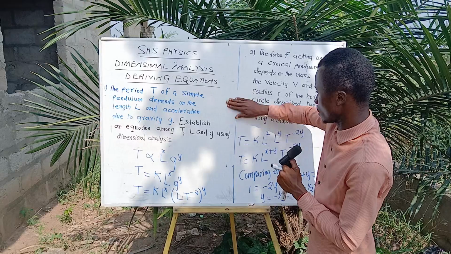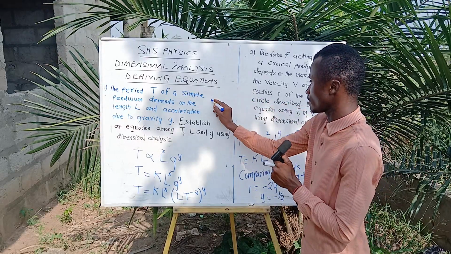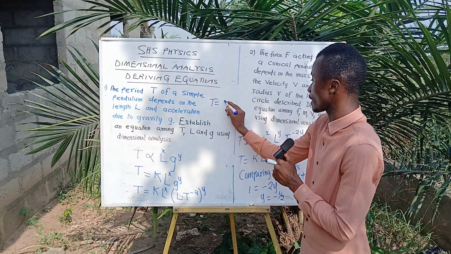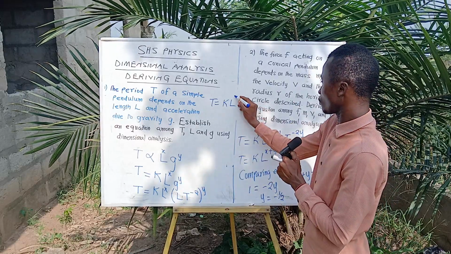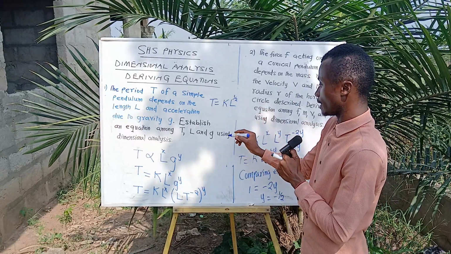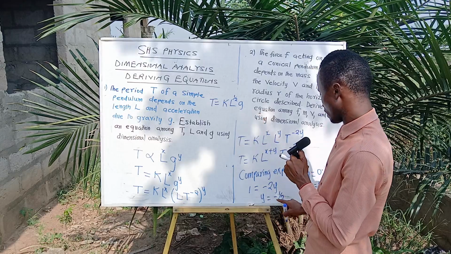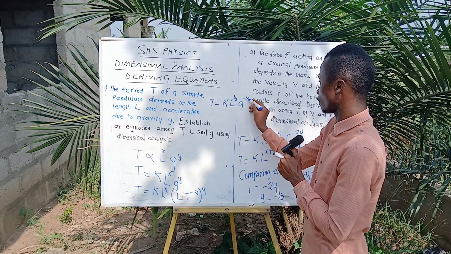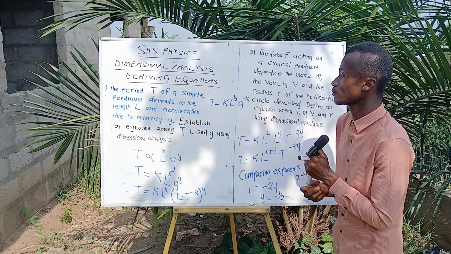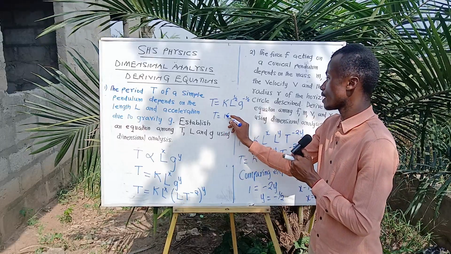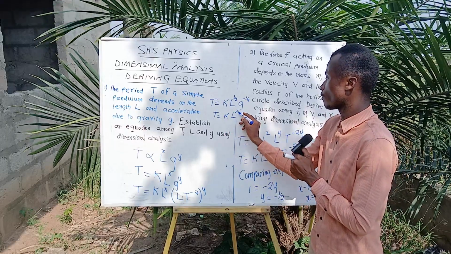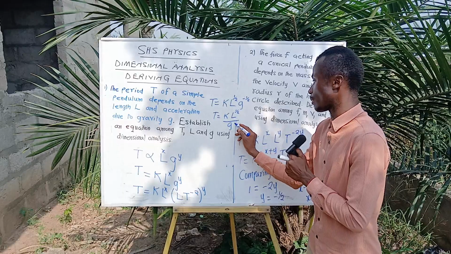Permit me to write that sort of here. So we have t is equal to k l to the power x, and x is positive half, and then g to the power y, y is negative half. This can be written as t is equal to k l to the power half divided by g to the power half.